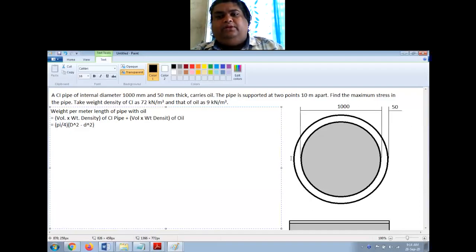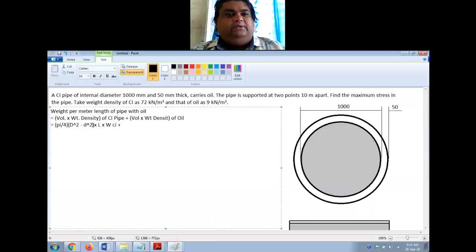Pi by 4 (D square minus d square) into length into WCI.